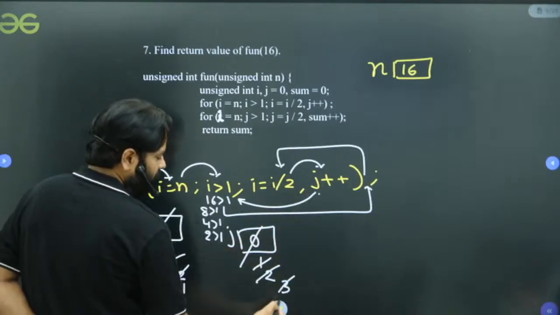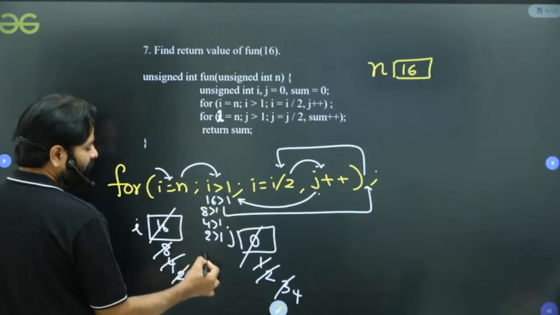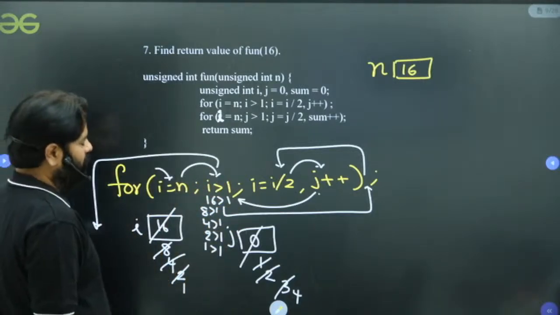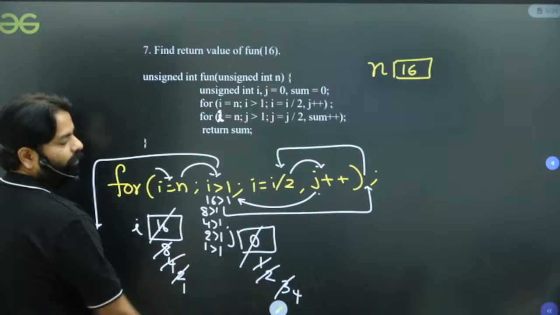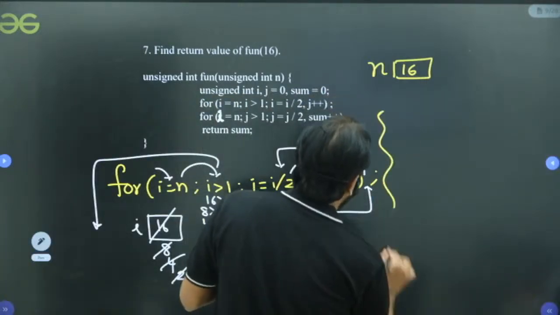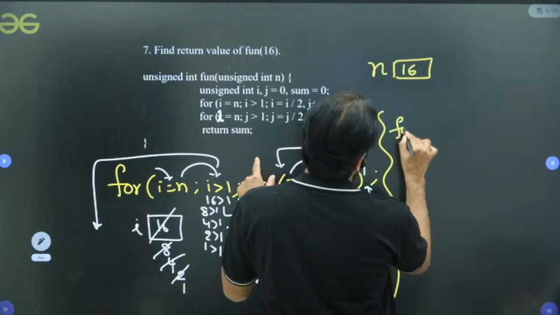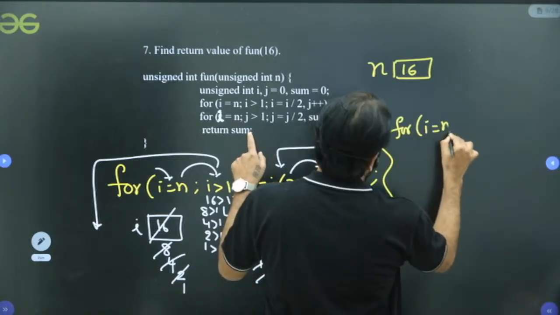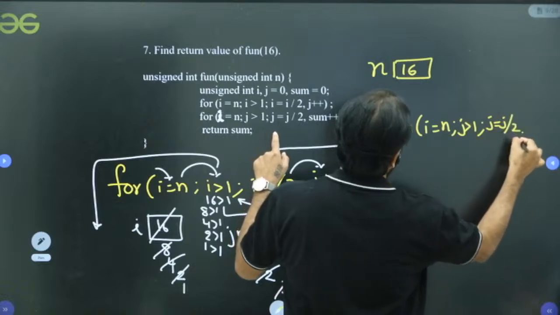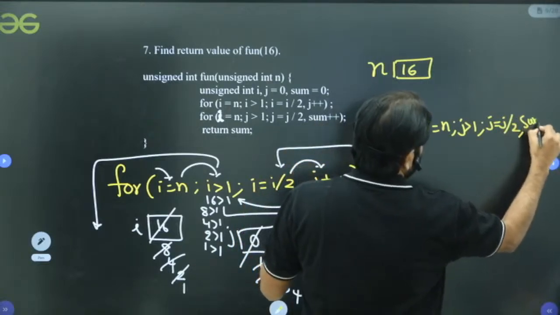And j increments to 4 and 1 is greater than 1 will fail and this time it comes to the next loop. So now this time i is 1, j is 4. Now you have to execute another loop here for i is equal to n, j greater than 1, j is equal to j by 2 and some plus plus.